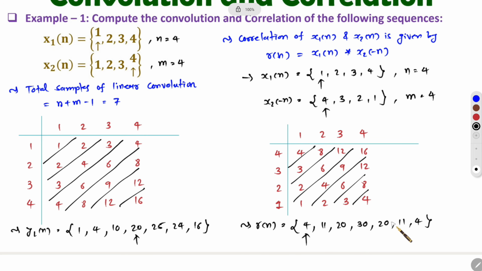Now if you carefully observe linear convolution and this correlation, you will observe that with similar sequences, like you see x1 of n and x2 of n, that is having 1, 2, 3, 4, 1, 2, 3, 4 sequence. So when you talk about correlation of the same sequence, then that will be having symmetricity. Like you can observe at center we have 30, and then over this side and this side we have 20, over this side and this side we have 11, and over this side and this side we have 4.